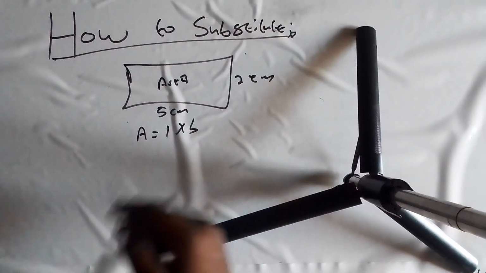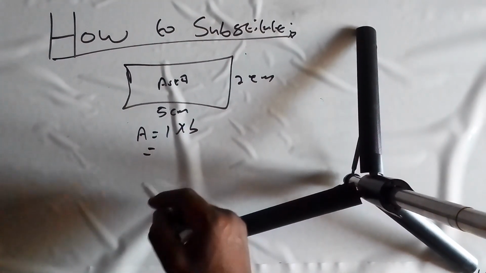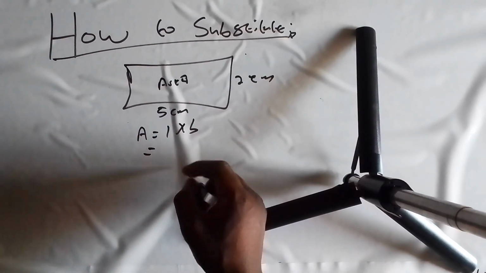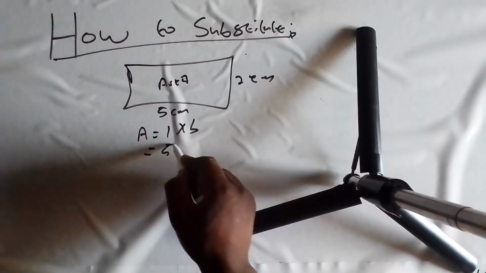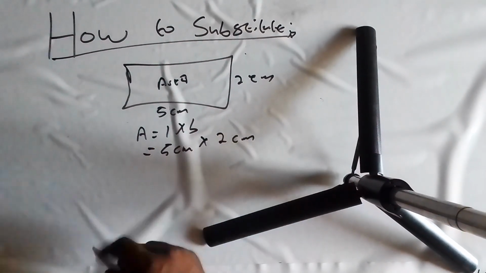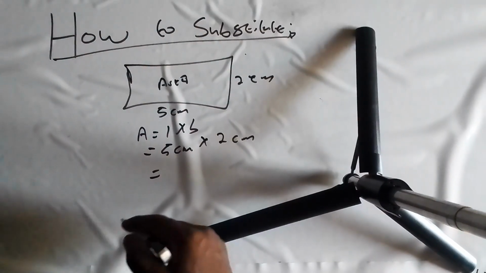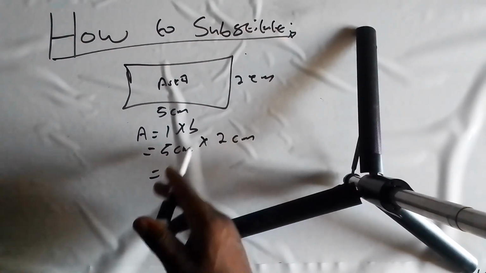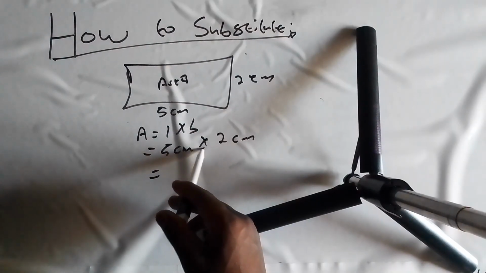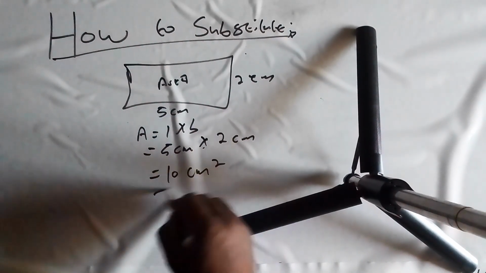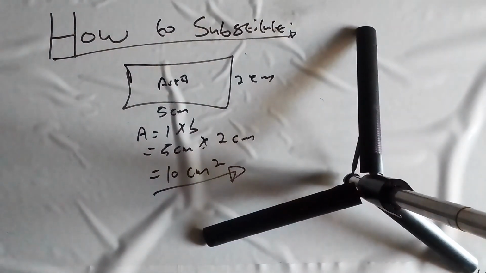The second step is to replace the variables or the letters with the values that we have been given. And the last step is to calculate using BODMAS. Here there's only one operation, which is multiplication, so we will just multiply and then get our final answer. That is how you substitute.